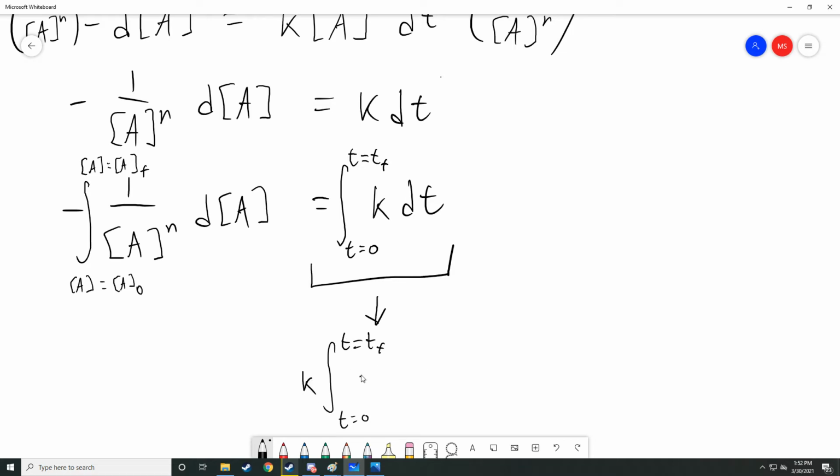And then here, we just get the equivalent of 1 times dt. So we're integrating with respect to dt. And what are we integrating? We're integrating 1. All right.